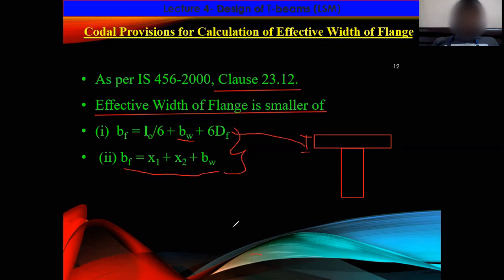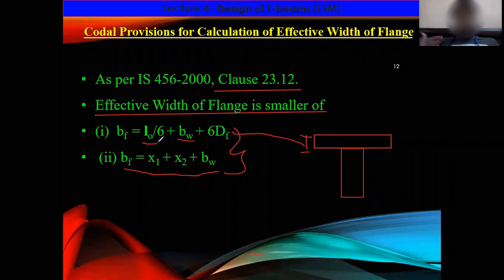And what is L naught? The distance between the points of zero moments in the beam. So that is called L naught. If we consider two spans of a continuous beam, then we need to find out where the moment is zero.